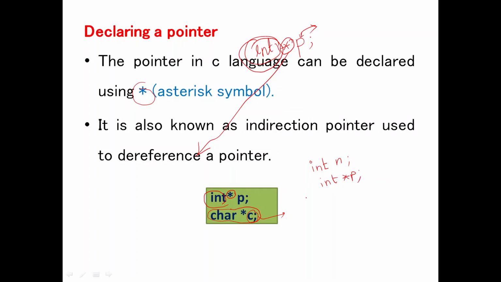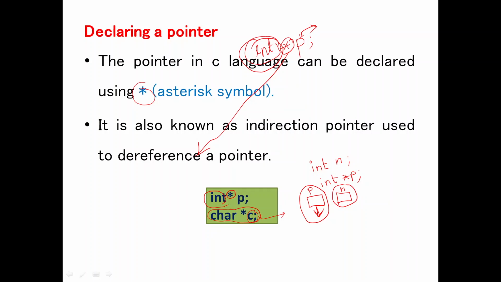Since p is a pointer, it is going to store the address of another variable. So this is the notation used to denote the pointer. So n is a normal variable, so we can denote a normal variable like this. But this variable is going to store the address of some other variable, so we can represent the pointer like this.